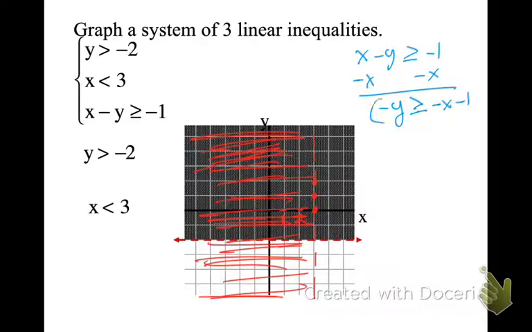I have to multiply or divide everything by negative. I'll just divide by -1. Divide by -1 and -1. And we get y. We have to flip it around. Less than or equal to x plus 1. So m equals 1 and b equals 1.